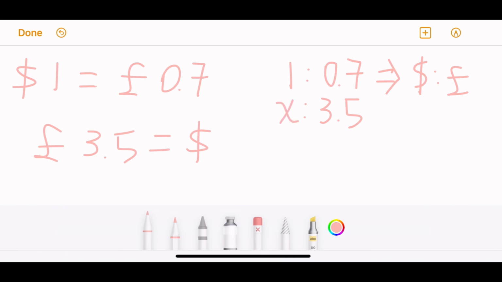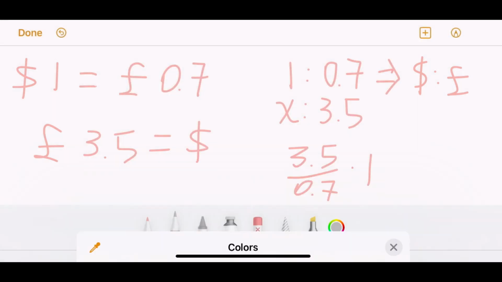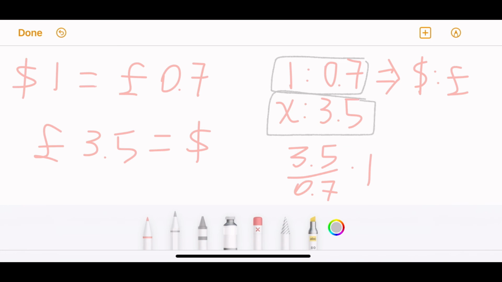In order to find the value of x, which is how many dollars 3.5 pounds will buy, we can do 3.5 divided by 0.7 multiplied by 1. The reason that we do this is because when we do 3.5 divided by 0.7, we get a relationship between these two ratios. The ratio here and the ratio here are comparing the same things: dollars to pounds.